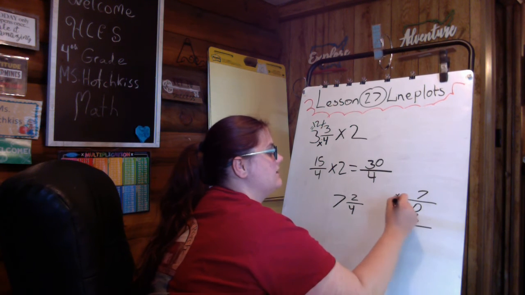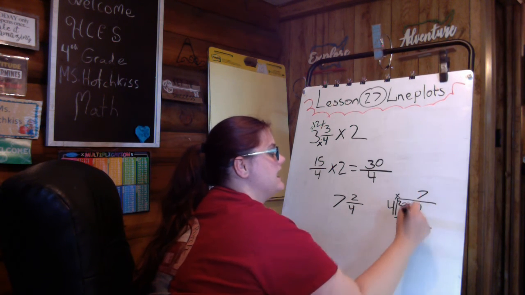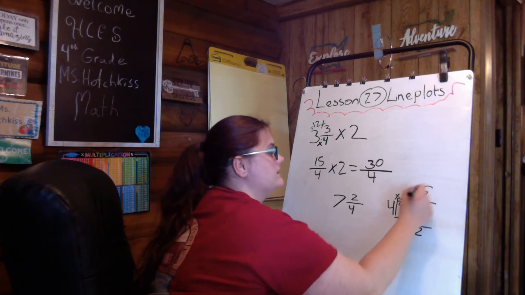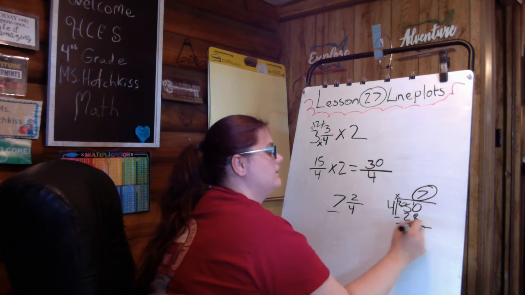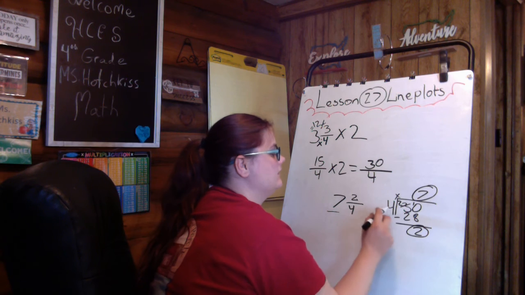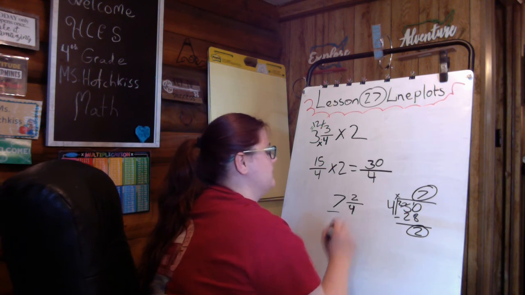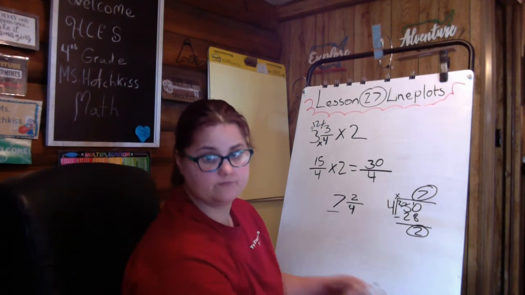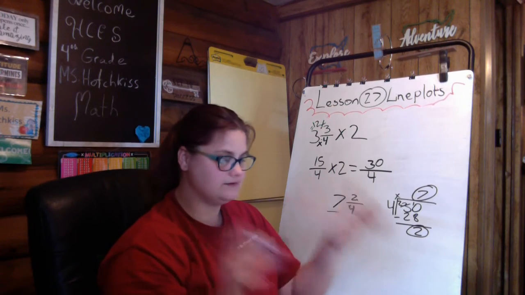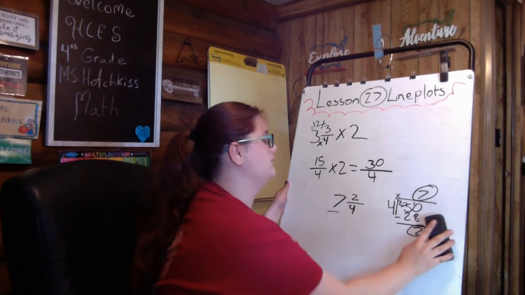We subtract. That cancels those out. Remember, this is your whole number. This is your numerator, what's left over. And your denominator never changes. Just to refresh your memory on that.